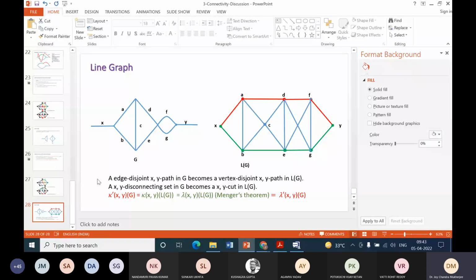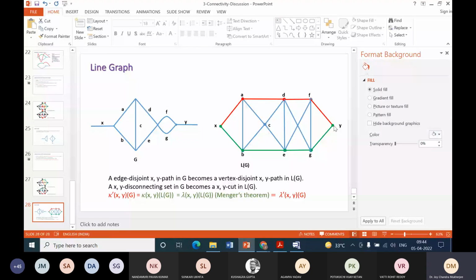Now suppose an edge disjoint xy path in G; the xy path in G becomes a vertex disjoint xy path in LG. That is possible through the observation itself, because of the definition of line graph. So if something is edge disjoint here, it must be vertex disjoint in the corresponding graph.